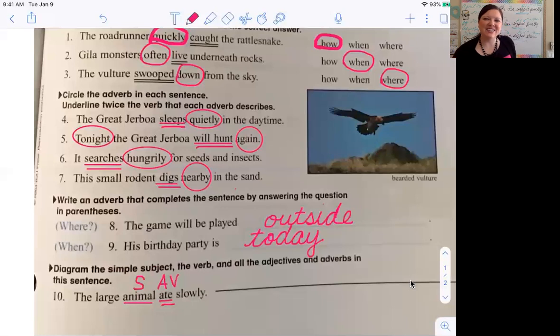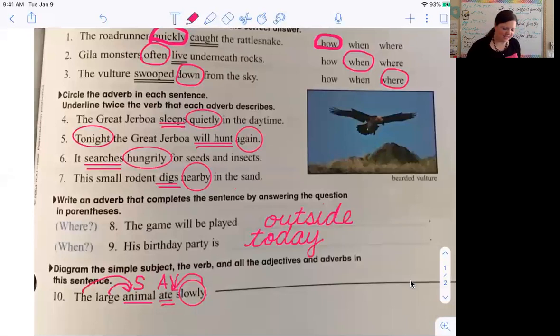Well, what kind of animal? It's a large animal. Which animal? The animal. How is the animal eating? The animal is eating slowly. So slowly is describing the action verb ate.